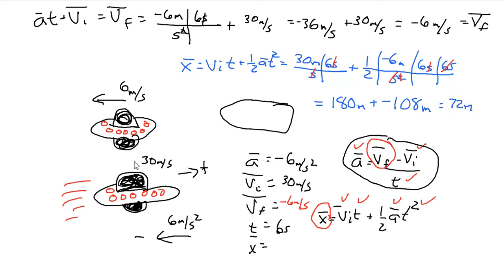Well, now this second picture is not really that good. Where is it? Well, it's still in front. So let's just focus on our numbers for a second. We had an initial velocity. We had an acceleration, negative 6 meters per second squared.